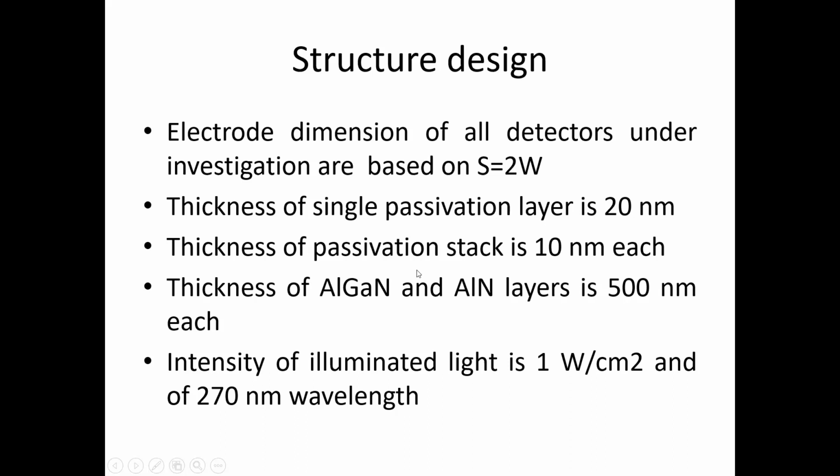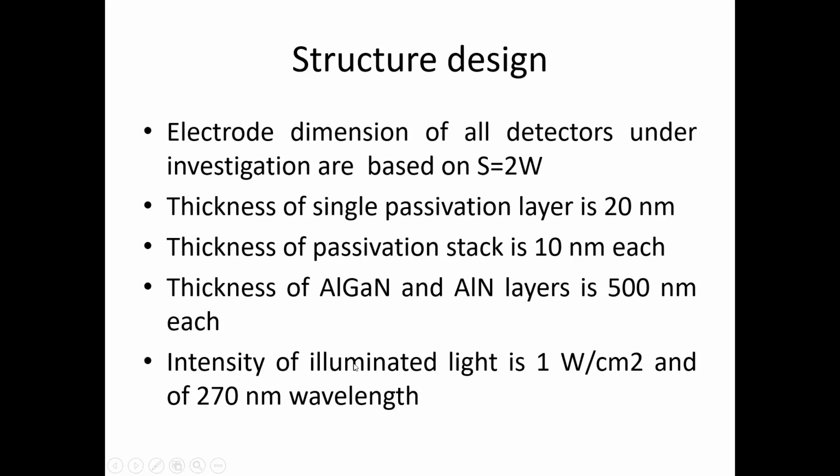And the thickness of each layer in the passivation stack is 10 nanometers, meaning the aluminum oxide layer is 10 nanometers and the silicon dioxide layer is also 10 nanometers, to become 20 nanometers total in thickness. And the thickness of the AlGaN and aluminum nitride layers is 500 nanometers each, meaning the thickness of both layers is taken equal.